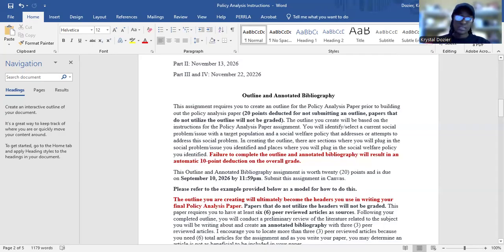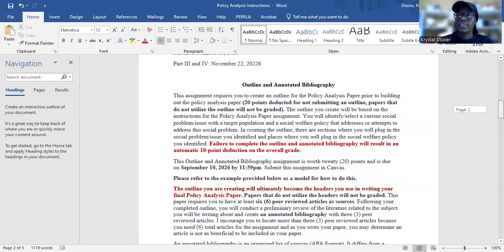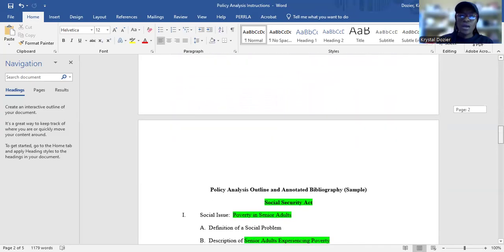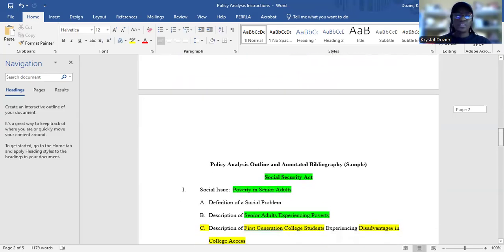And so this semester, if you don't follow the outline structure, I'm not going to grade the paper. This is why I stress the outline at the beginning of the semester. Your outline becomes your heading in writing your paper. And so if I ask, did Crystal define the social issue? Right? Did she define the social problem?